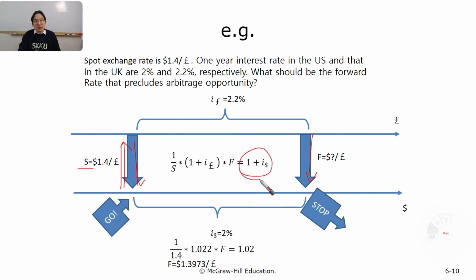And that should be equal to 1 plus the dollar rate. So if you solve for F, you will get 1.3973. Take a step back and look at this too: 1.4, 1.3973. There is a change in this rate. What will this mean? Wait for that.